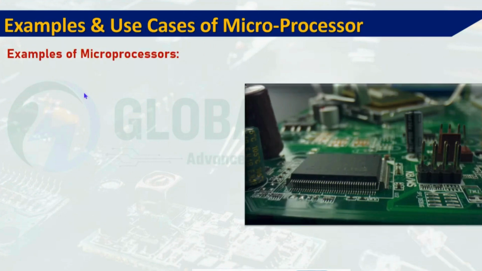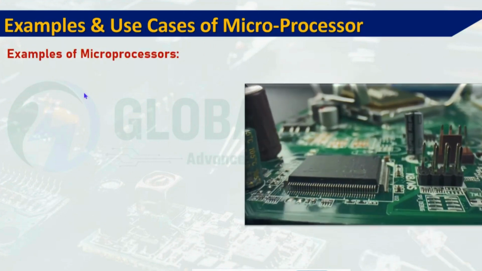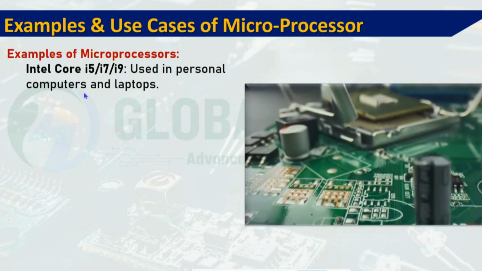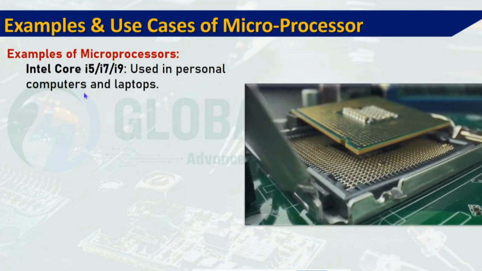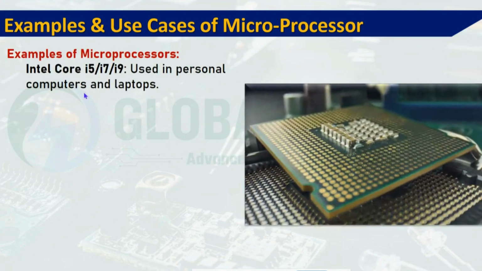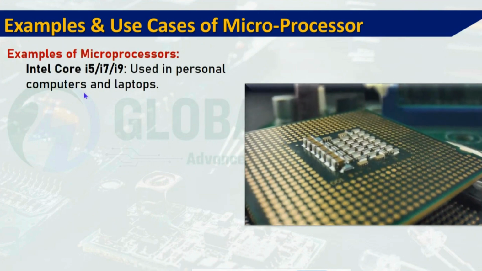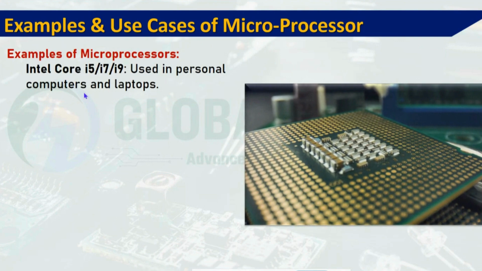Examples of microprocessors: Intel Core i7, i5, i9 are the processors we are familiar with in our laptops. Whenever we see Intel Core i5, i7, or i9, it is specifically the processor.